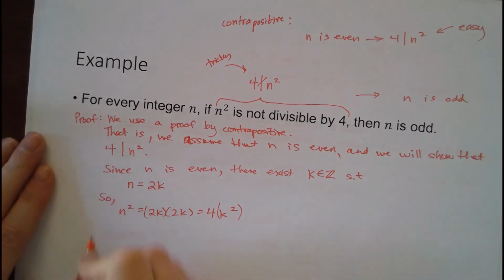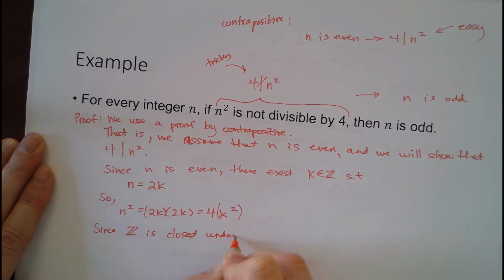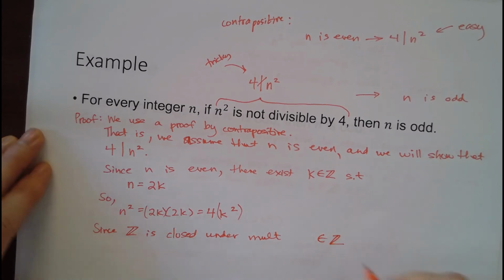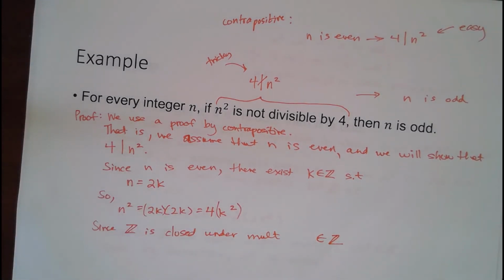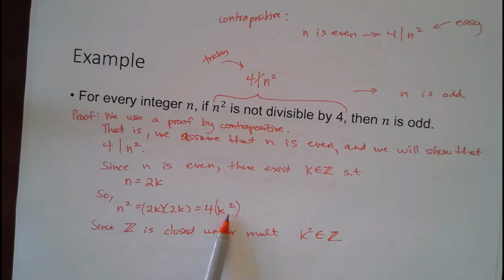Yeah, so since Z is closed under multiplication, what must be true? What has to be an integer? What's the important thing that needs to be an integer? K squared, that's right. Okay, and since this is an integer, I've now written n squared as 4 times some integer, and that's the definition of divides, right?